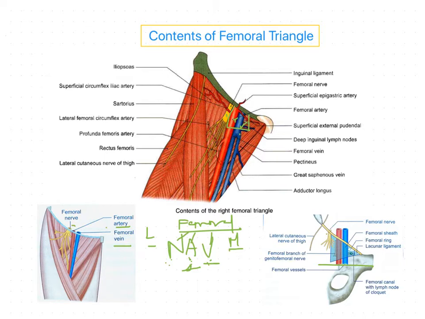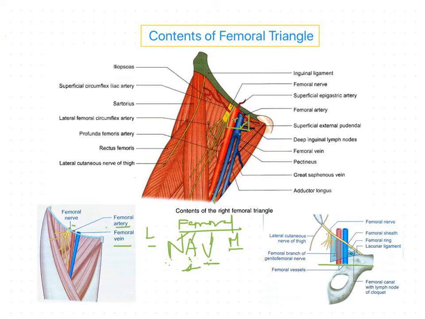The vein is medial to the femoral artery here, and it is mainly located posteromedial to the artery at the apex. The femoral vein receives the great saphenous vein, circumflex veins, and veins corresponding to the branches of the femoral artery. So this is about the femoral vein.